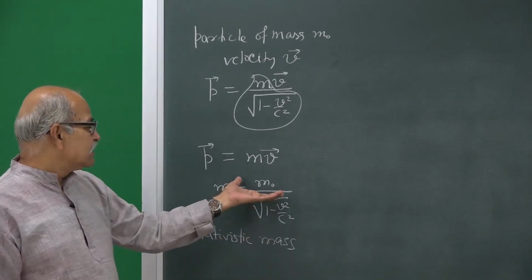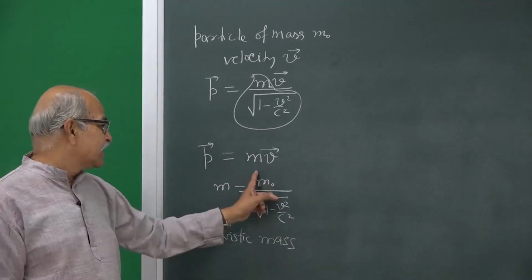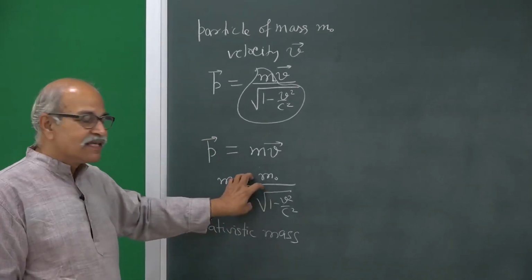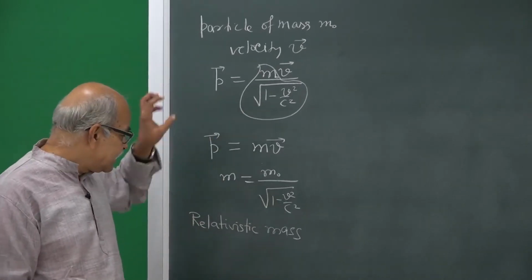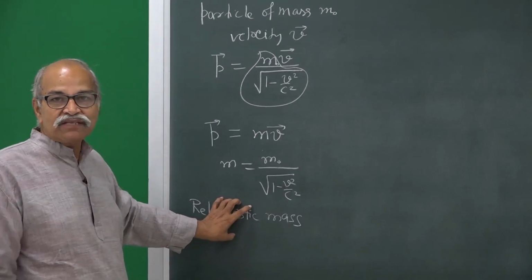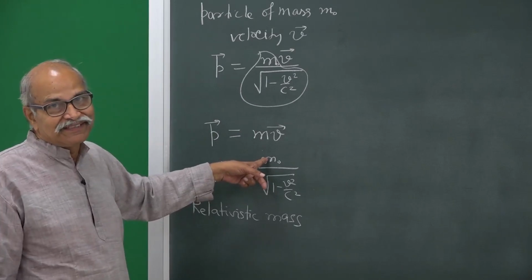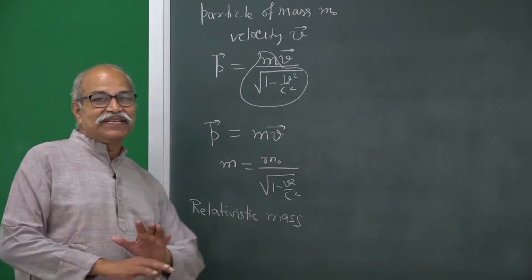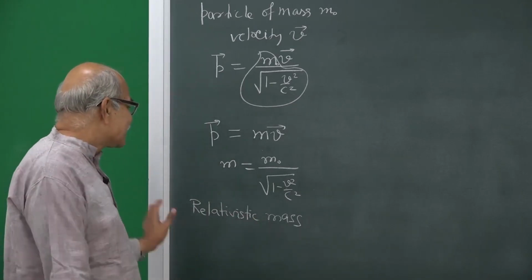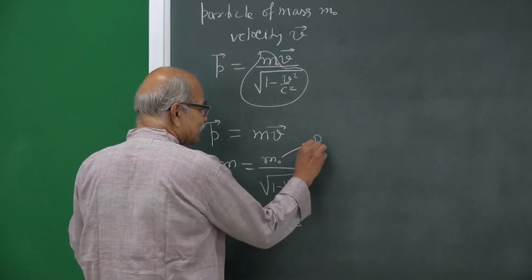It is a quantity that we have constructed. Mass of the particle is here, and this is a quantity that we have constructed and given a different name: relativistic mass. So, if I say just mass, I will be referring to the mass of the particle. To avoid any kind of confusion, this is also given a different name, and that is called rest mass.